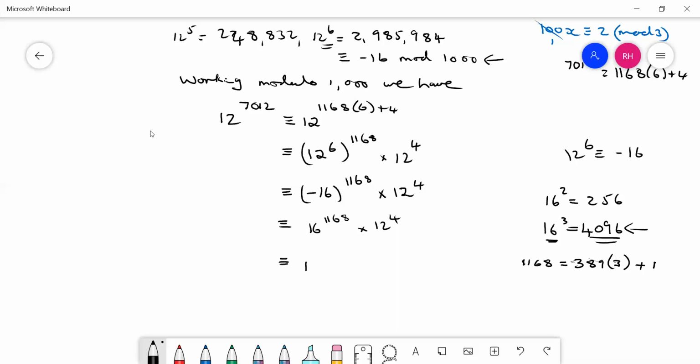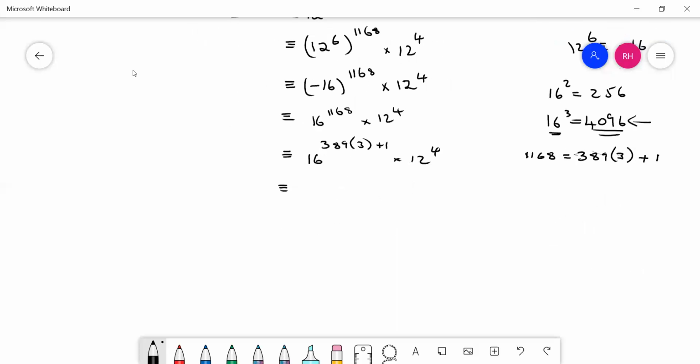So I'm just going to replace the 1168 here with 389 times 3 plus 1 times 12 to the 4. Okay, so that's 16 to the 3, all to the power of 389 times 16 times 12 to the 4. Remember, this 16 is because of that 1 there.